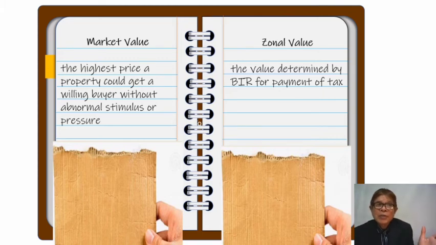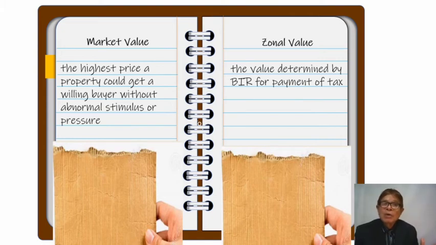For zonal value, it is the BIR who determines the value of the lot per square meter depending on the location. You can find out the zonal value of any lot at the website of BIR at www.bir.gov.ph.